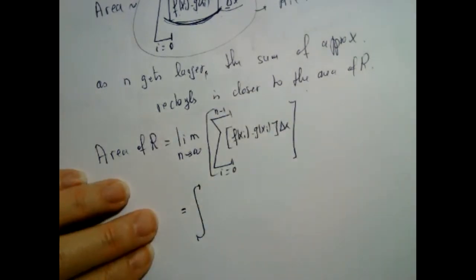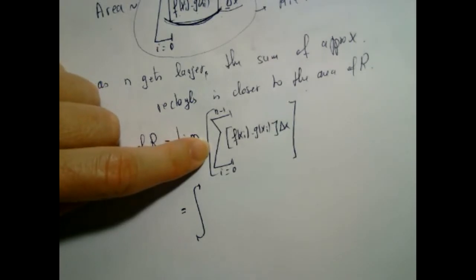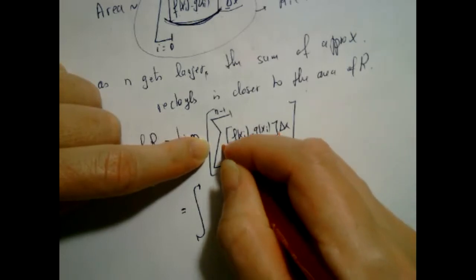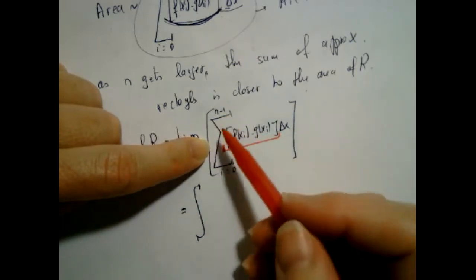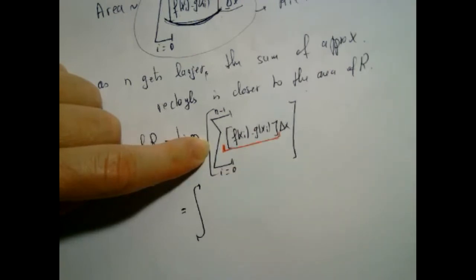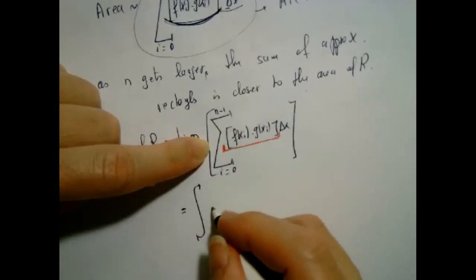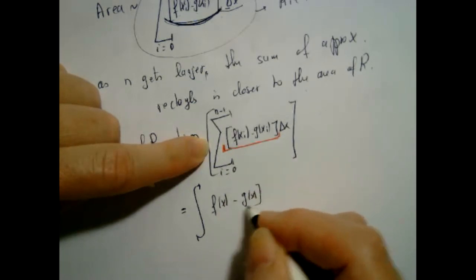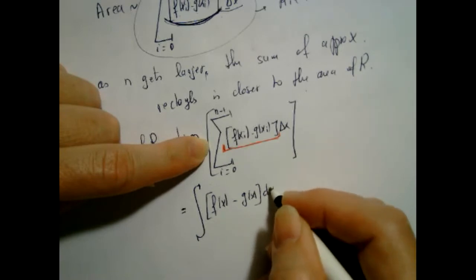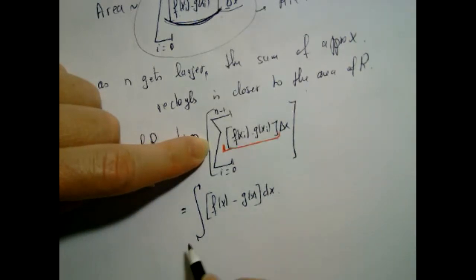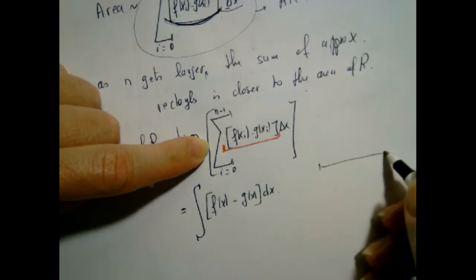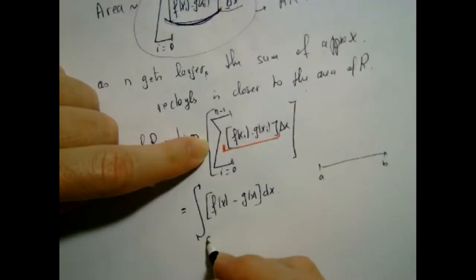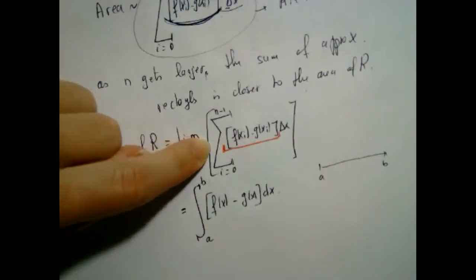Remember, if we look at this very carefully, this looks exactly like a Riemann sum of this function. So it's going to be the integral of f of x minus g of x dx. And the boundaries are the interval that I had to divide into pieces to cover my whole region. It's going to be the integral from a to b of f of x minus g of x.